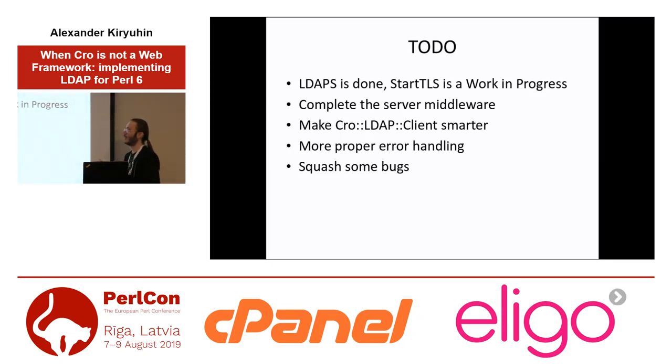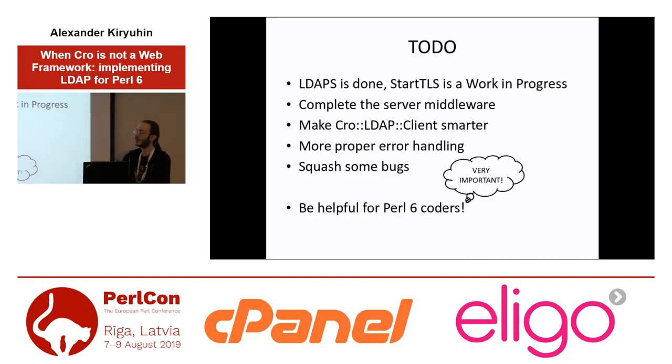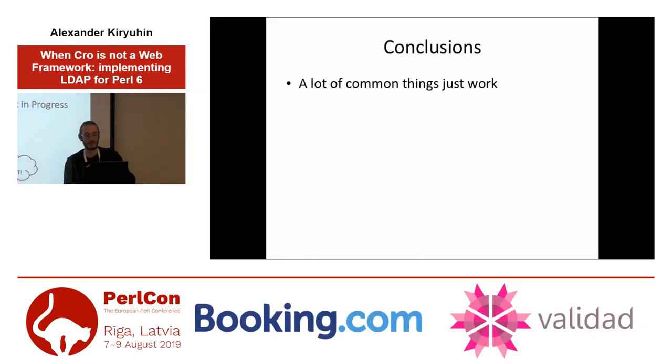So, we still have things that we need to finish or to improve. For example, the LDAP client can be smarter. We have some bugs, but the most important thing we want to do is to be helpful to Perl 6 users. It is very important. A lot of common things just work against the OpenLDAP implementation.